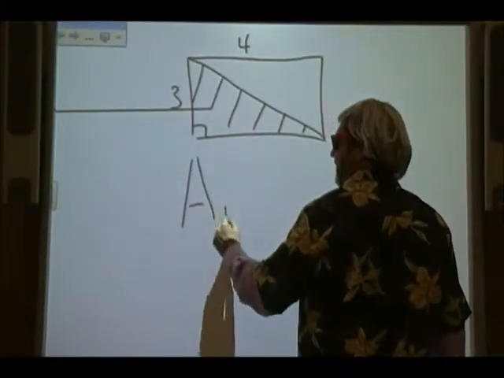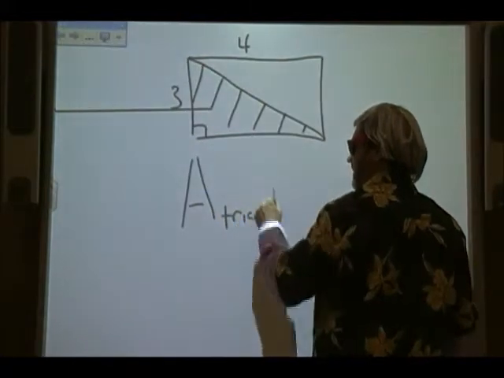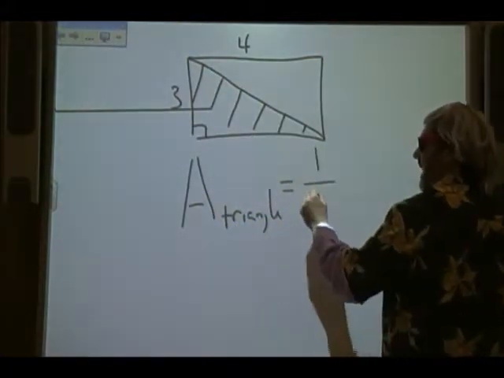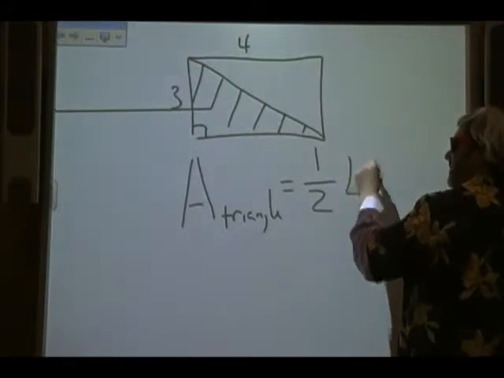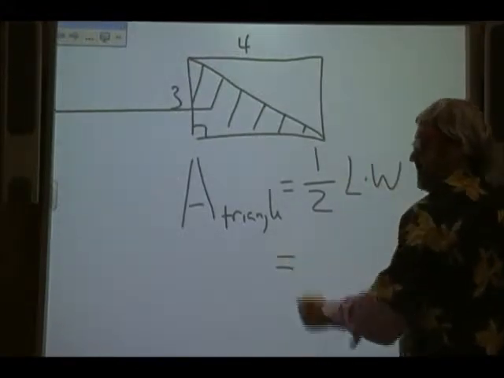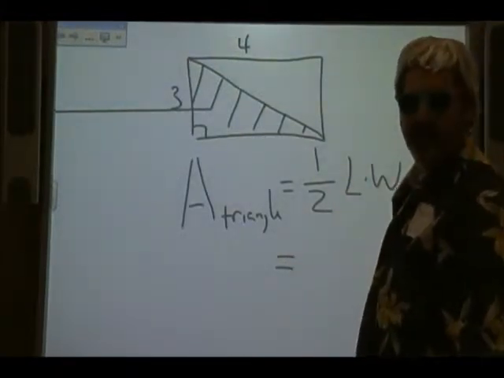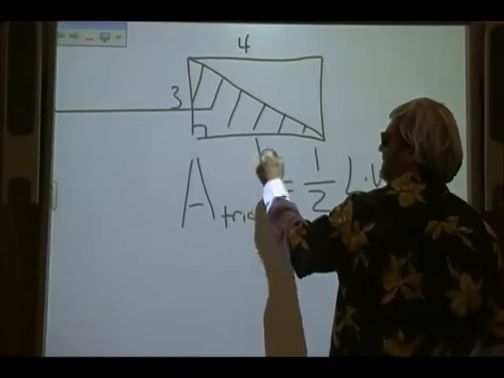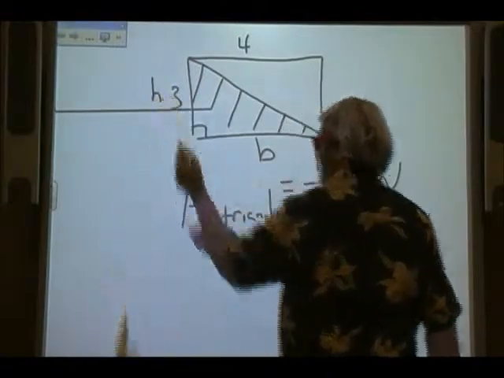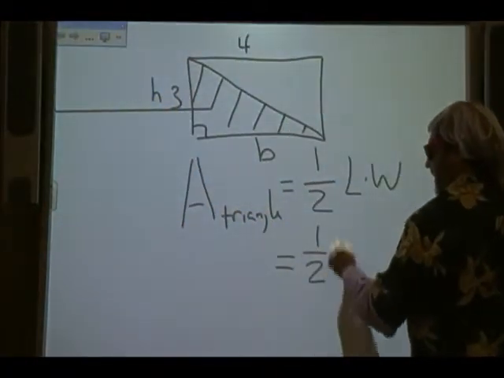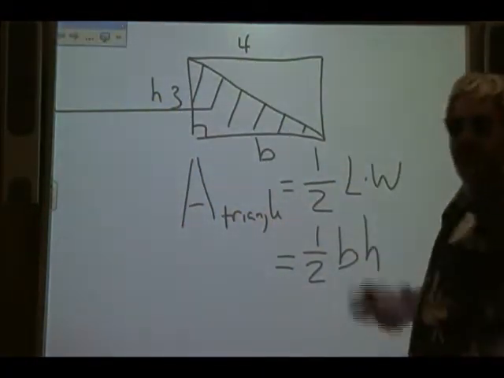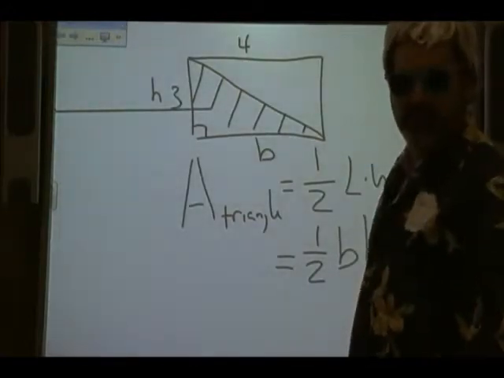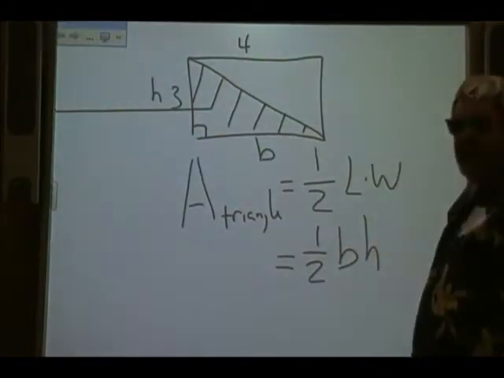So the area of a triangle is just 1/2 the length times the width. But we don't like to use length and width on a triangle. They changed the words to base and height. So it is just 1/2 base times height. That's how we got the area of a triangle. Very simply.